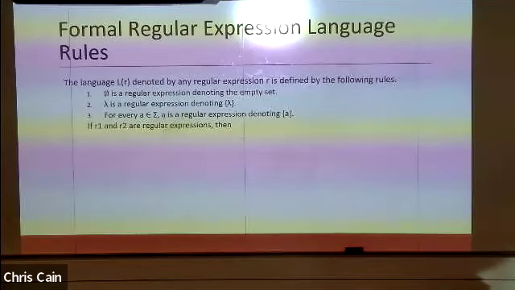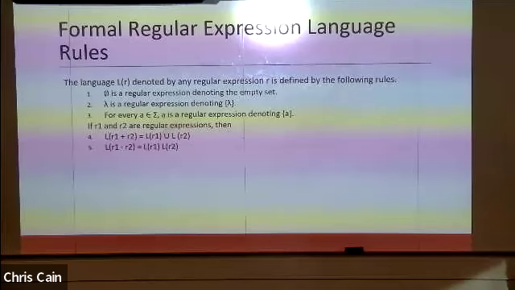Then if R1 and R2 are regular expressions, then we can show the language of R1 plus R2 is just the union of those two languages. Same with concatenation, it's the concatenation of languages: language of R1 concatenated with the language of R2.